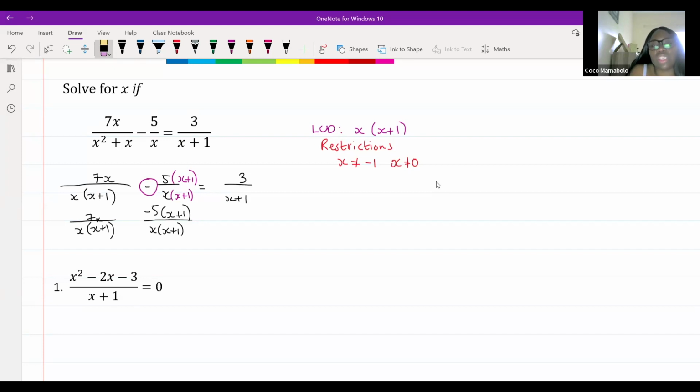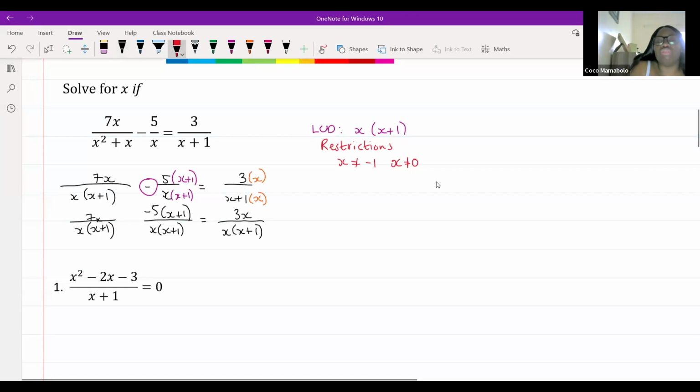And that is going to equal, now over here, I'm missing x. I need to multiply by x. So I'm also going to multiply the top by x. So I'm going to end up with over x times x plus 1, and on the top, I'm going to get 3x. Now, here is the nice thing about equations with fractions.